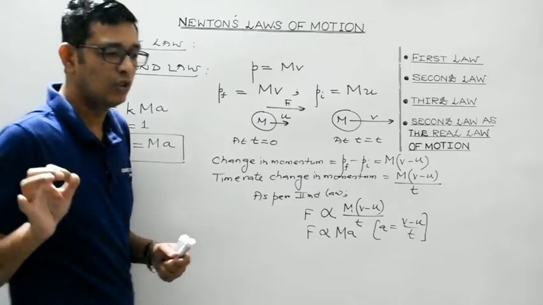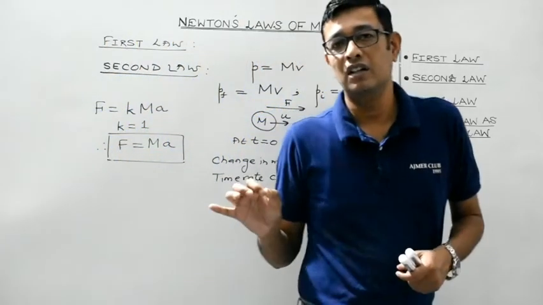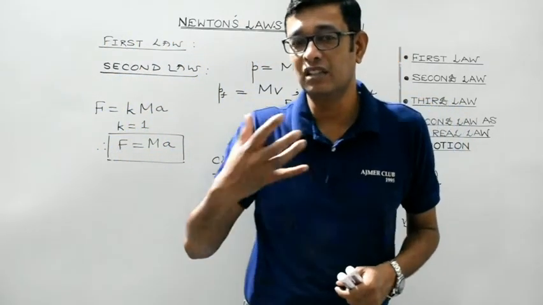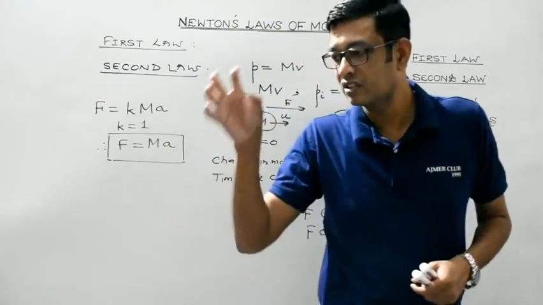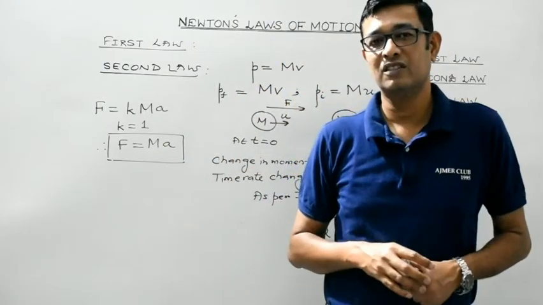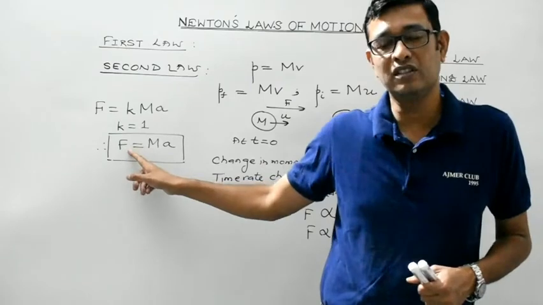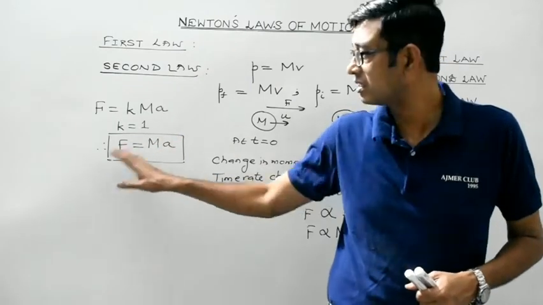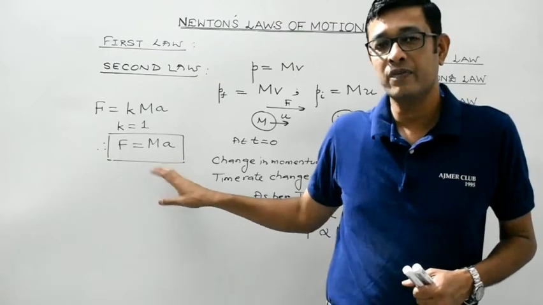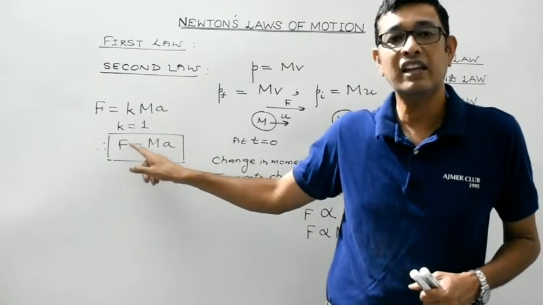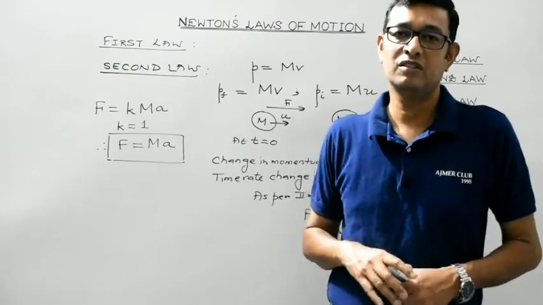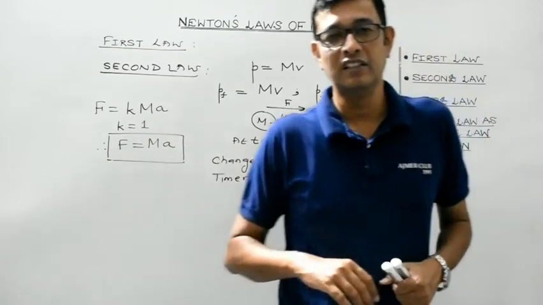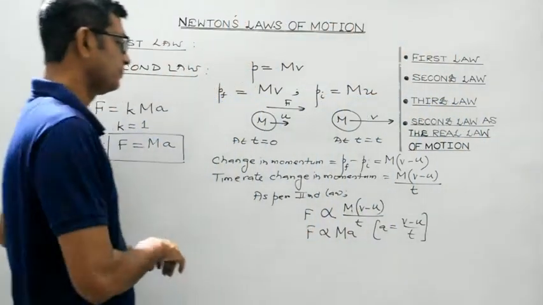So basically Newton's second law of motion gives us a method to measure the force acting on the body. Clear? So force is equal to mass multiplied by the acceleration produced on the body. This expression gives a method to measure the external force applied on the body. This is the consequence of Newton's second law of motion, right?